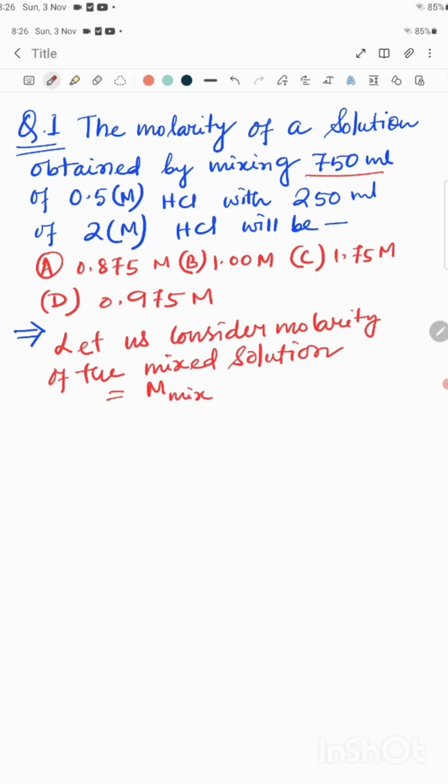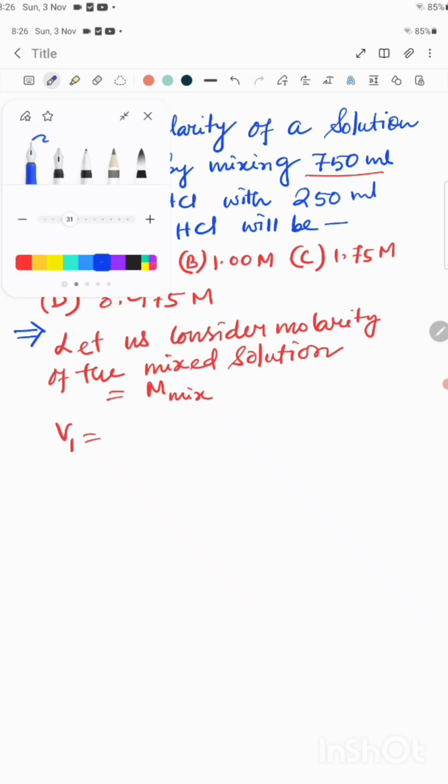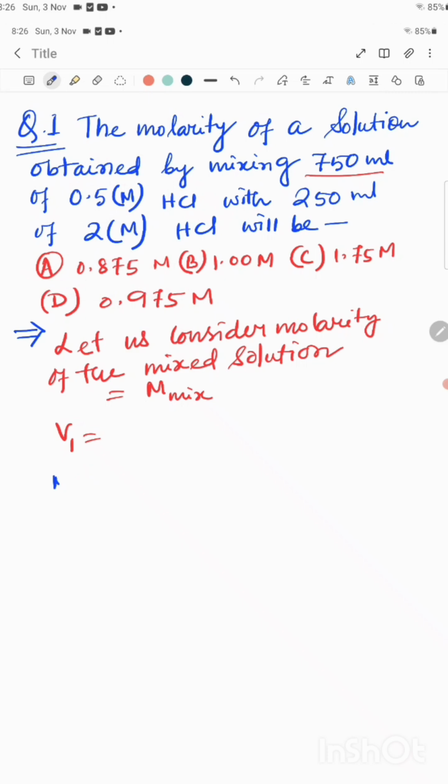Now two solutions are there. Suppose the first one has volume V1 and molarity M1.